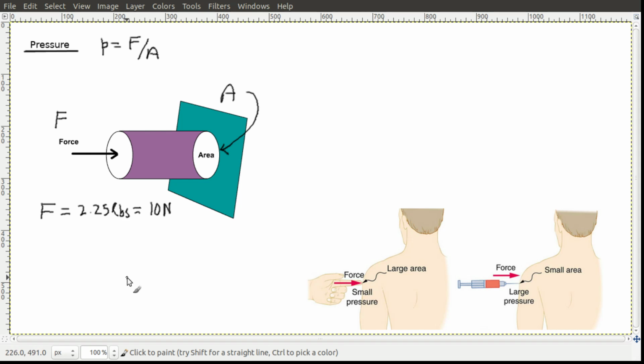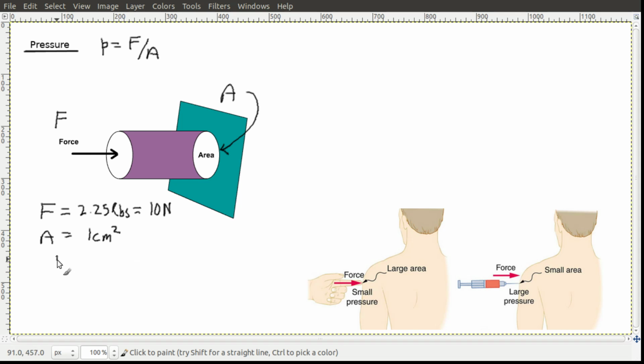Let's say the area is equal to 1 centimeter squared, so a pretty small area. That'd be like the force of our finger. Maybe your fingertip might have an area of 1 square centimeter where it's pushing.